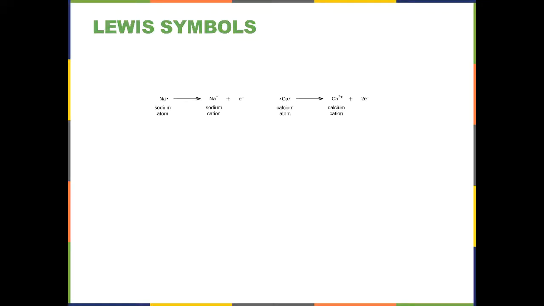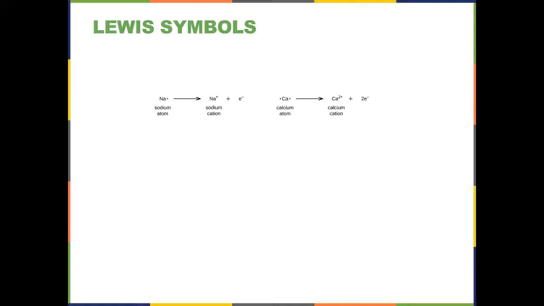So this represents the Lewis symbol of what happens in an ionic bond. What you see is the atom of sodium with its one valence electron. That's the Lewis symbol for a sodium atom. The symbol Na with a single dot is the Lewis symbol for sodium.